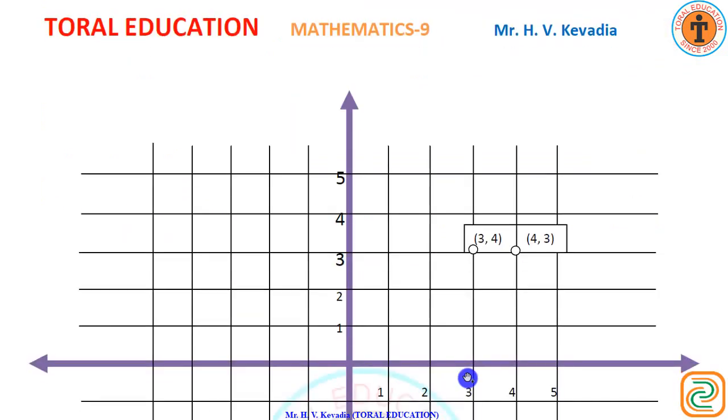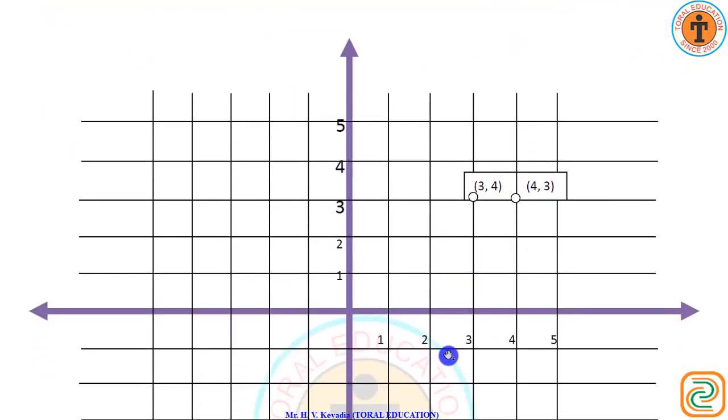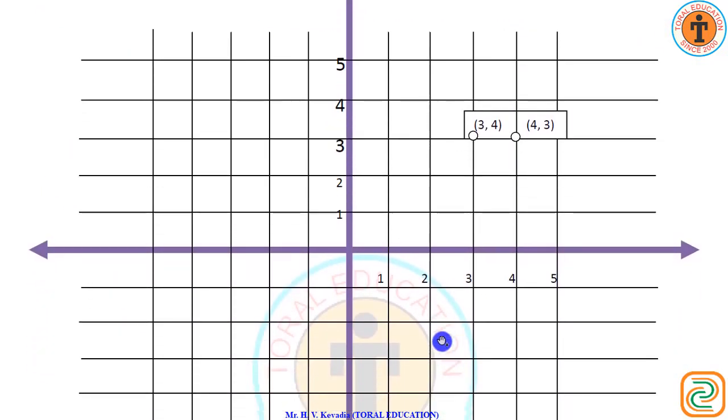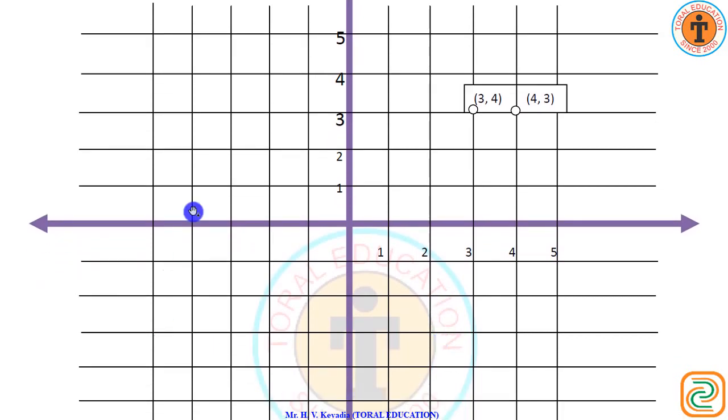Look at the graph. Here is the graph, and here is 3/4. Sorry, this 3 will be taken here, 3/4, and this is 4/3.